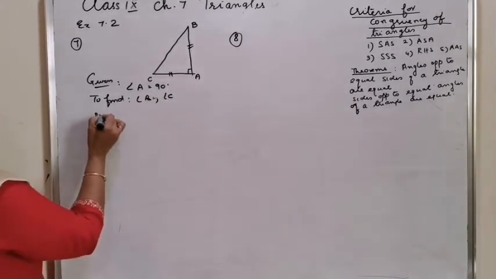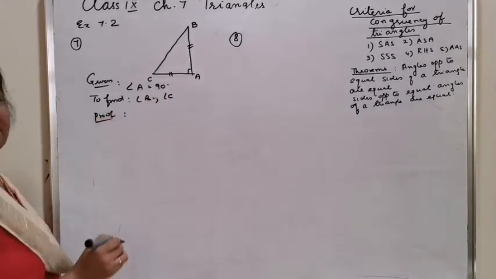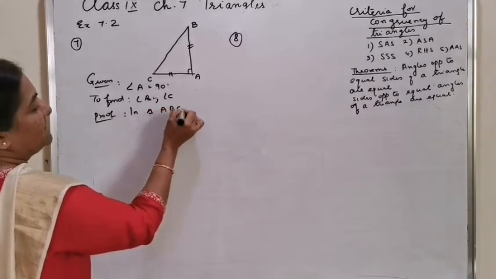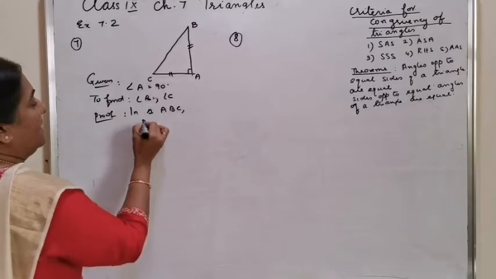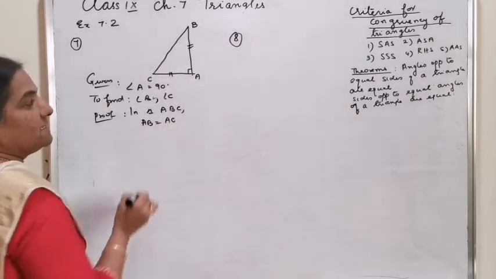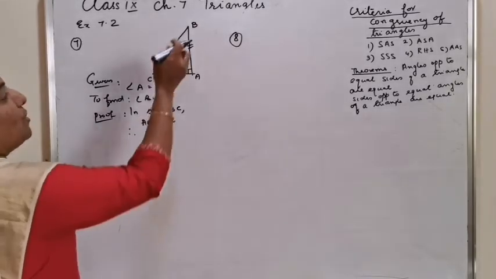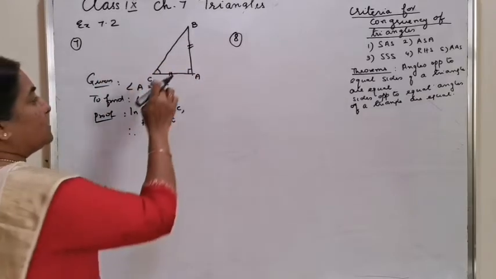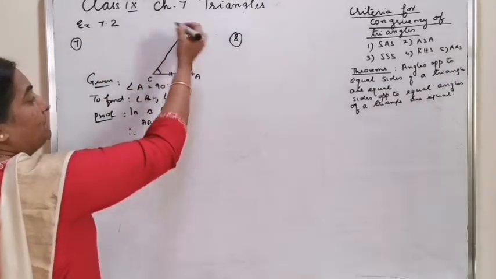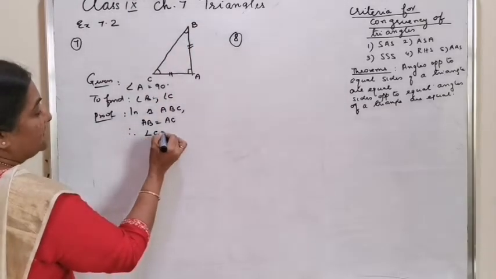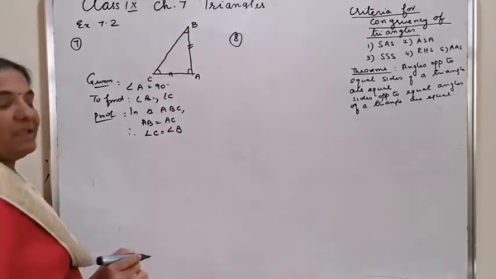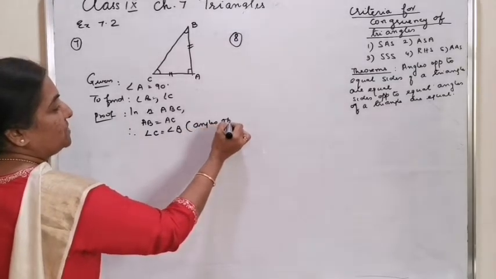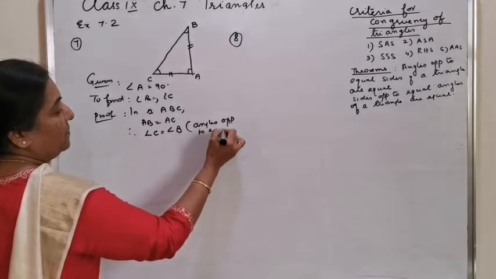Let's proceed by the method. In triangle ABC, AB equal to AC, therefore opposite to AB is angle C and opposite to AC is angle B. Therefore, angle C is equal to angle B. The reason is angles opposite to equal sides.